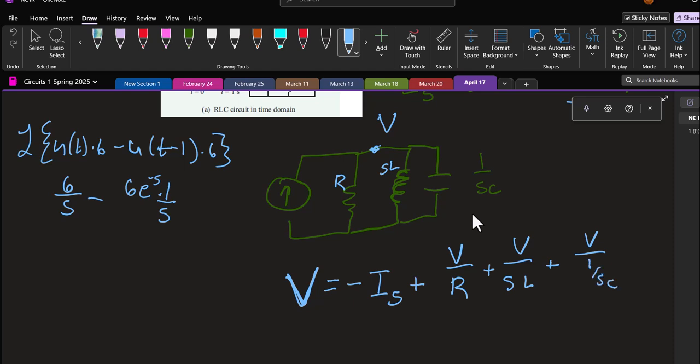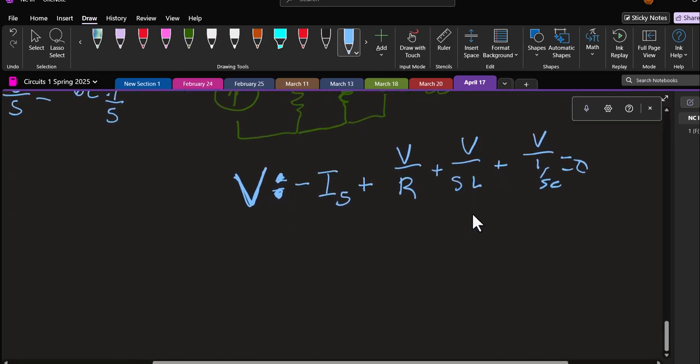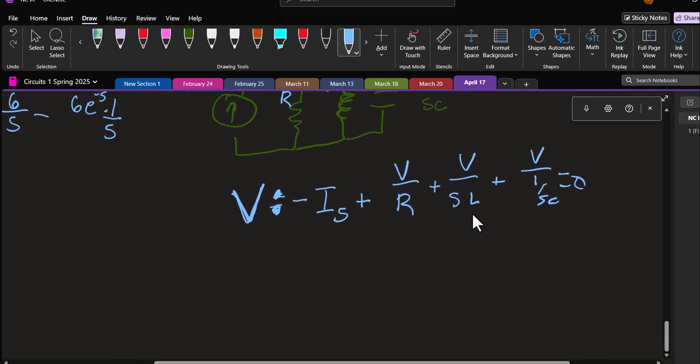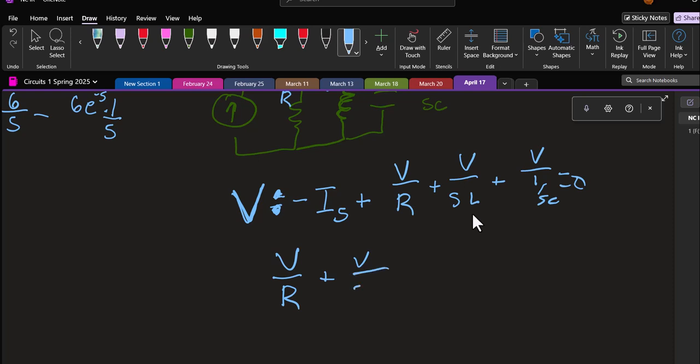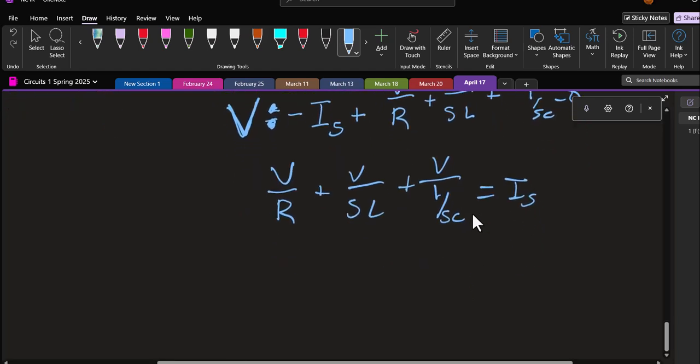That's not what V equals, that's at node V. So we would have V over R plus V over SL plus V over 1 over SC equals Is.